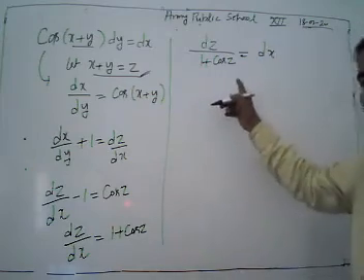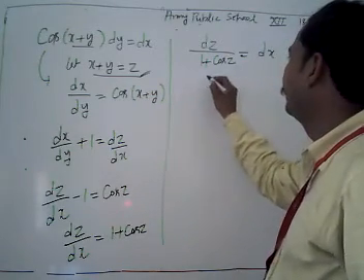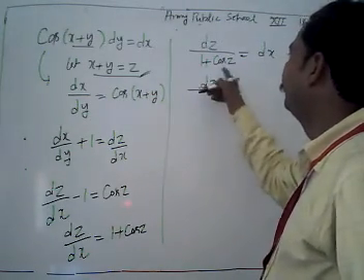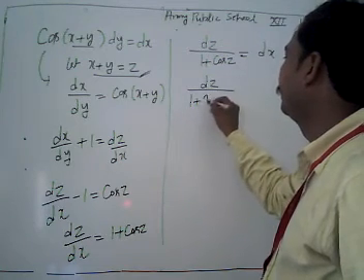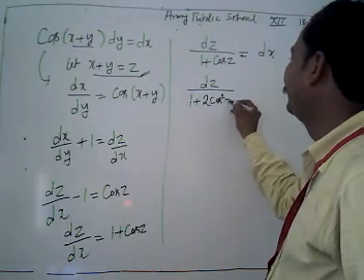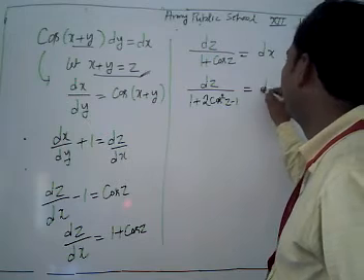Further we can solve it. Our 1 plus cos z can be written as 1 plus 2cos²(z/2) minus 1, equal to dx.